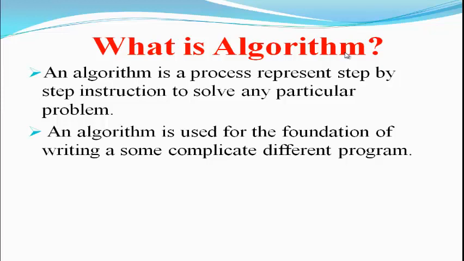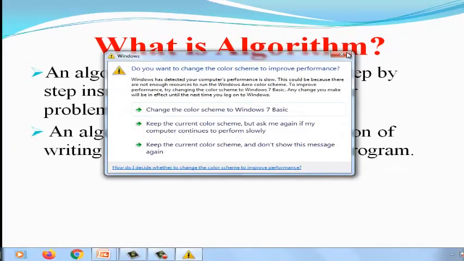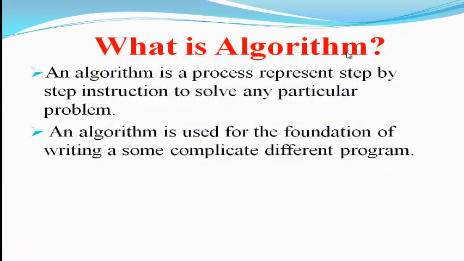When we write any kinds of computer program, you have to write first algorithm. You have to tell the computer step by step exactly what you want it to do.